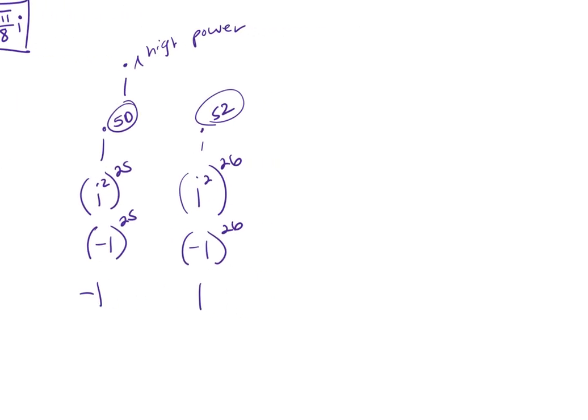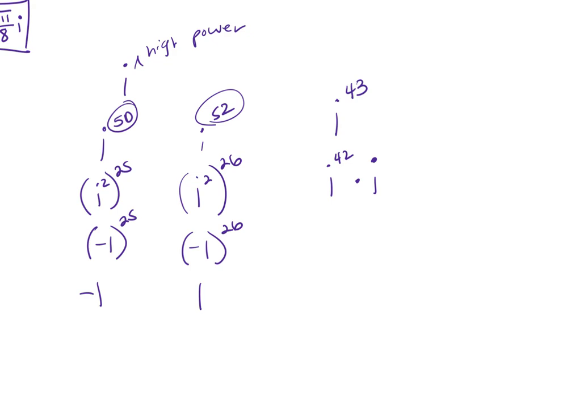Now, if my original exponent is odd, for example 43, then the very first thing I'm going to do is take off an i. I'm going to rewrite this as i to the 42nd times i. If it starts odd, there will always be an i in my answer. I just have to figure out if it's a positive i or a negative i.